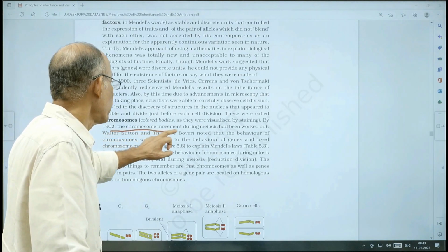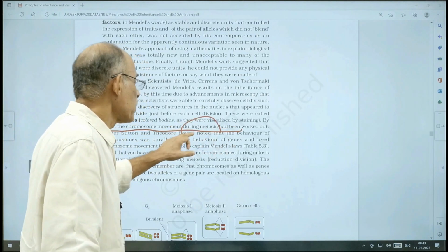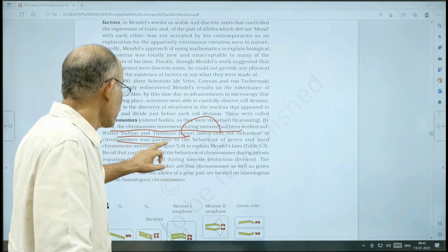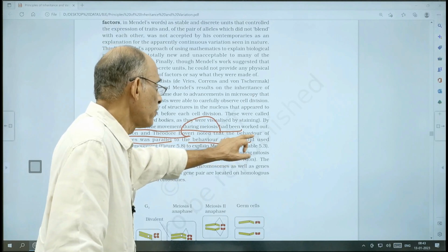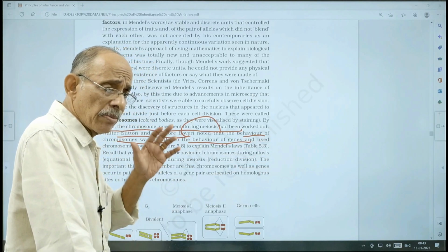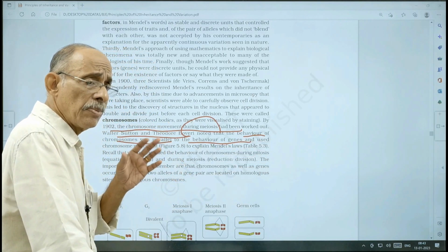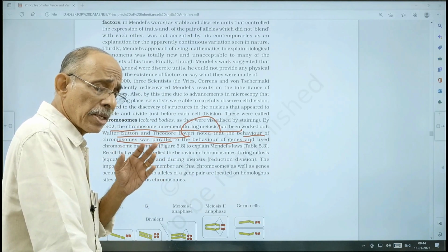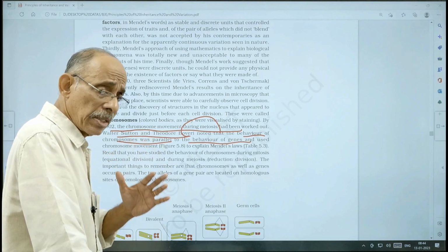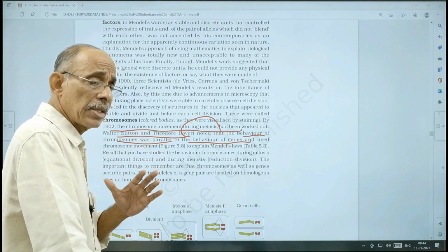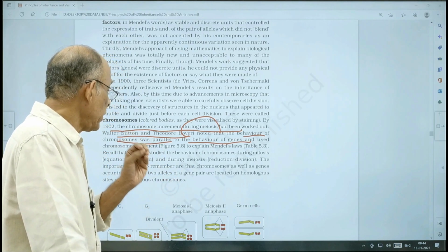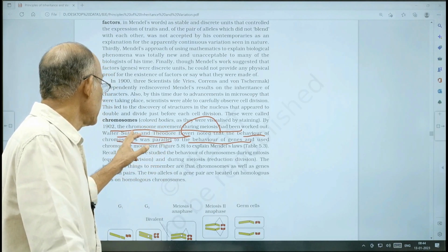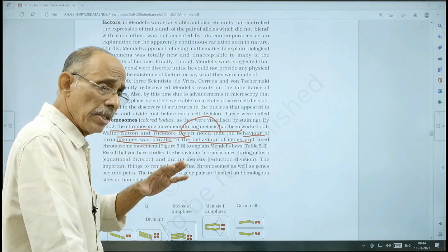In 1902, chromosome behavior during meiosis was worked out, and Sutton and Boveri noted that the behavior of chromosomes was parallel to the behavior of genes. This parallelism is what Mendel had already explained in the law of segregation, the law of purity of gametes. The law of segregation was actually supported by Sutton and Boveri by studying meiosis.